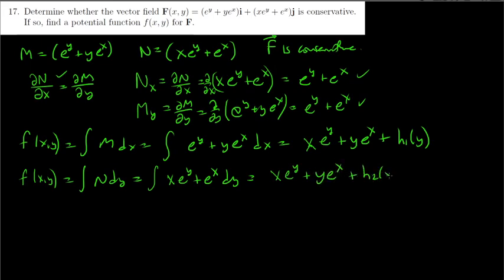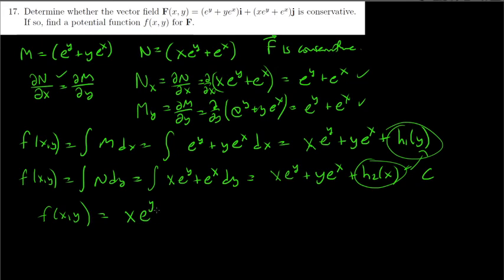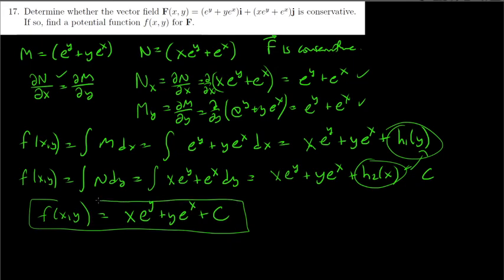Same thing, plus some function of x, but for these to be equal, they have to be a constant. So your potential function is just x e to the y plus y e to the x plus some arbitrary constant. And that's it. That's 17.